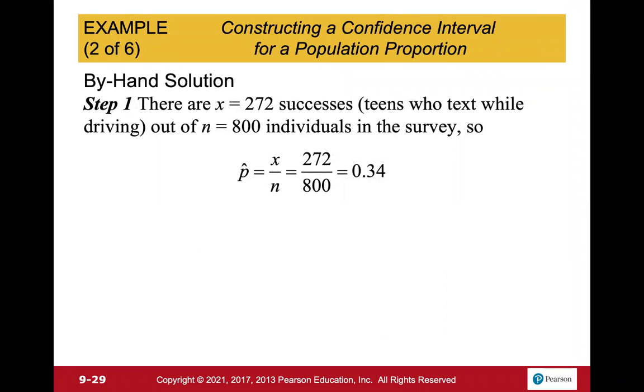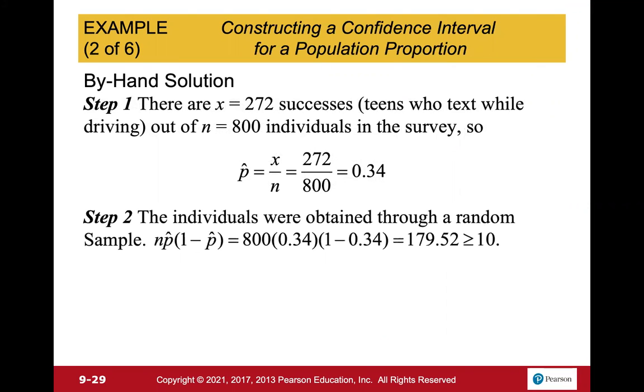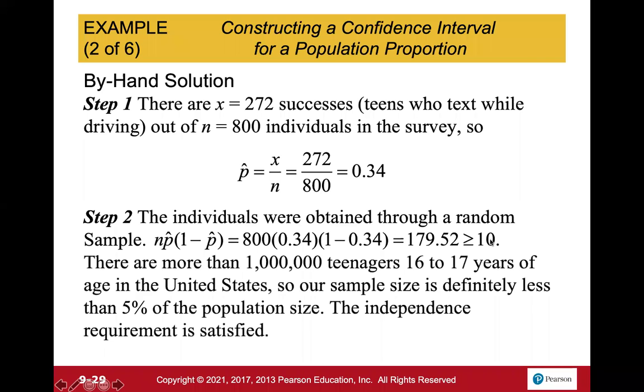So here they started with p hat and they checked this other stuff. So they looked at these values here. 179.52 is greater than or equal to 10. So we could continue on with that. So there are more than a million teenagers age 16 to 17 in the United States.